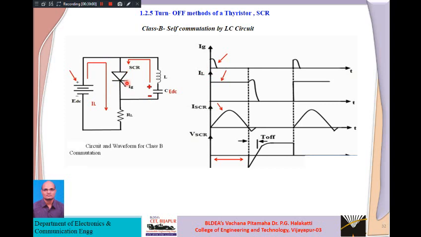It stays in the blocking state for some time, and then turns on. During that time period while it is off, it will charge your capacitance with top plate plus and bottom plate minus. Initially, as soon as you apply plus EDC, when your SCR is in the blocking state, that will charge your C with EDC, and that happens suddenly, but immediately your SCR will be switched from blocking to conduction state.